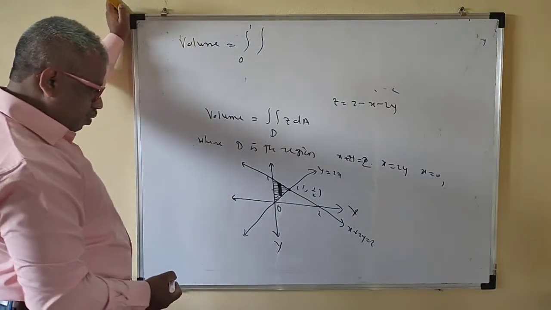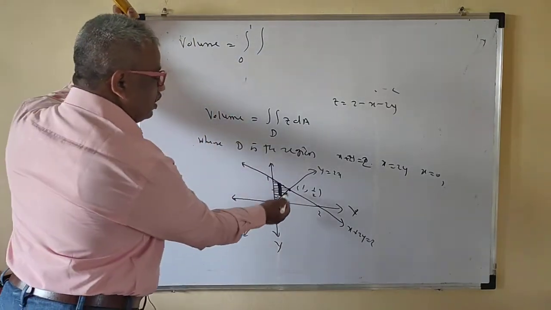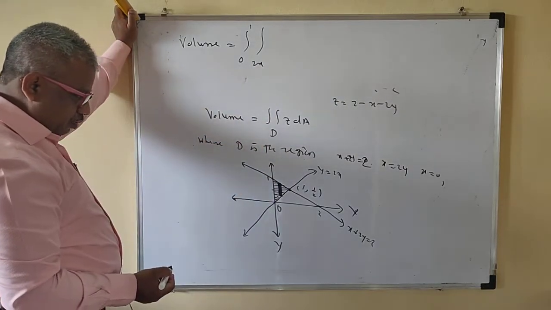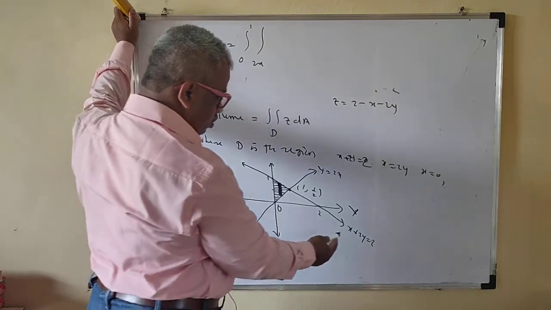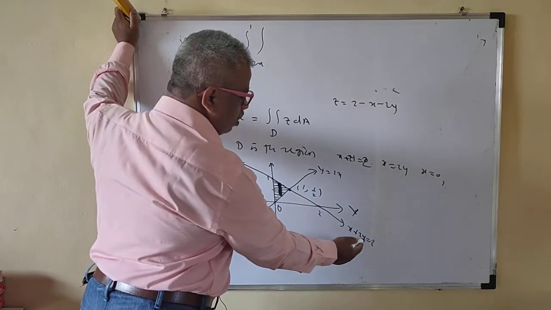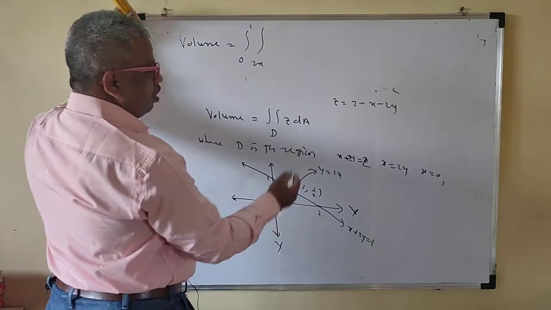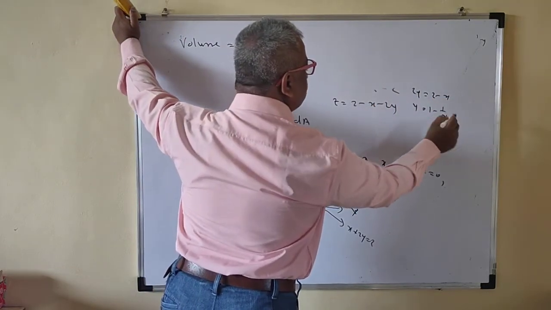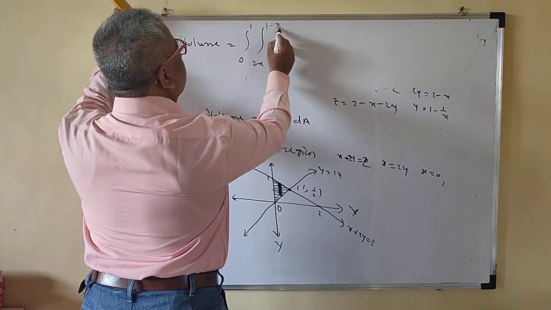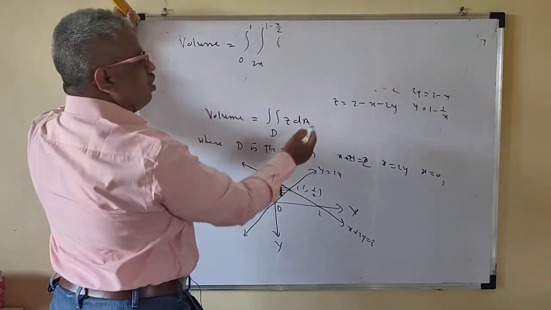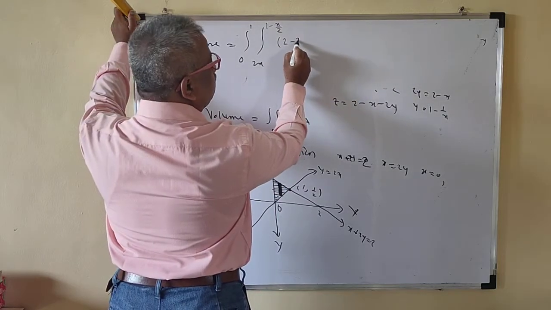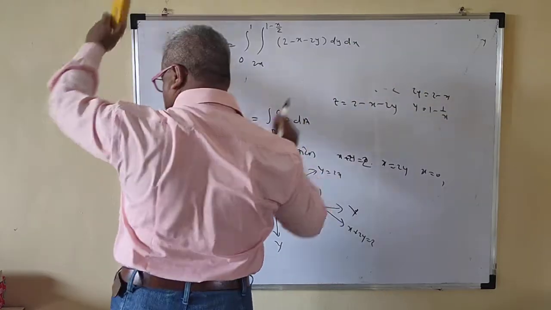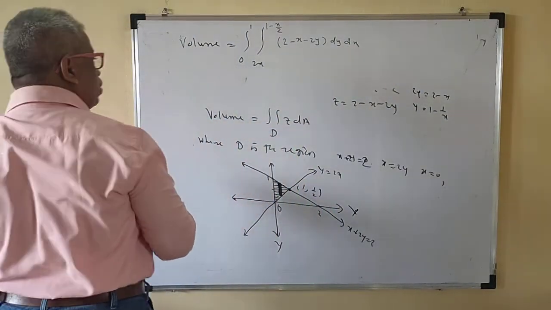So twice y is equal to 2 minus x, so y is equal to 1 minus x by 2. So your z is 2 minus x minus twice y, dy dx. This will be your integration.